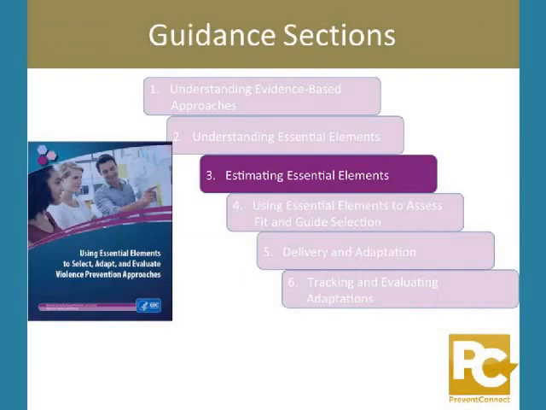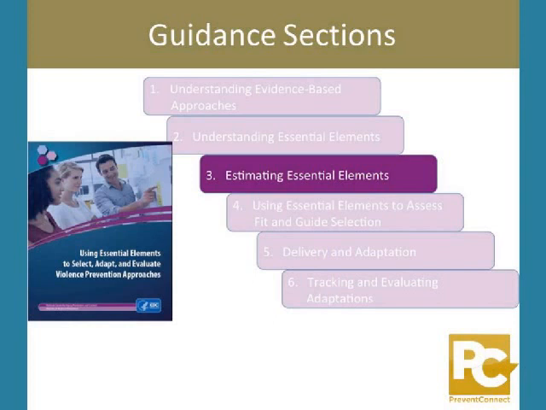Okay, so moving on to estimating essential elements. Once I talk about the highlights of this, I'm going to talk through an example of how we actually apply this, and then we will come back shortly after that to having you engage a bit on the text chat.